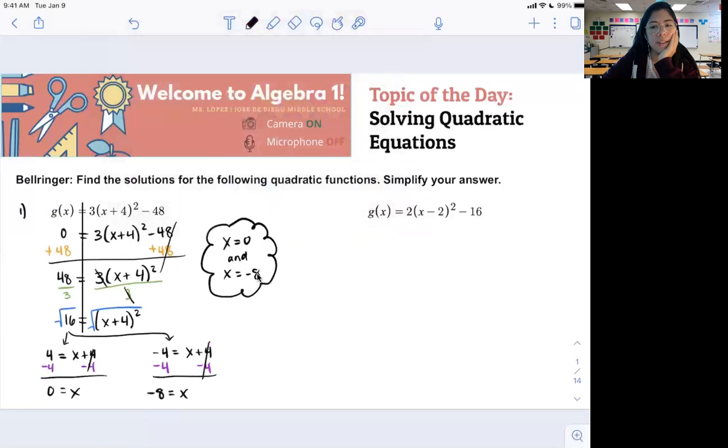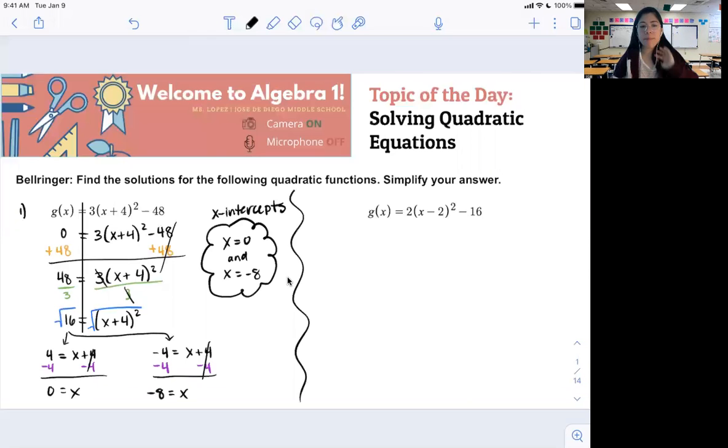If I graph this, these are my solutions, yeah. My x-intercepts. Okay, we're not graphing it today, but just something that we got to remember is that the whole reason we're doing this is to find the x-intercepts.